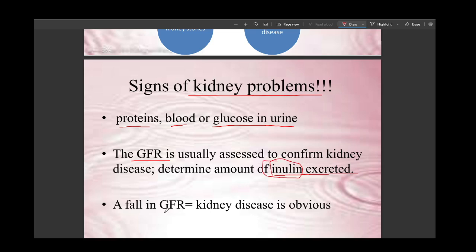If the GFR has fallen, the kidney disease is obvious. Inulin is excreted as it is; it is not saved in the body.